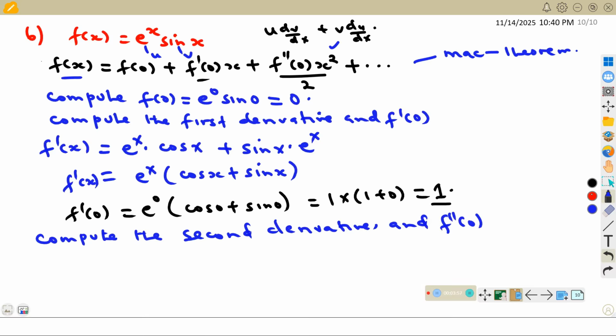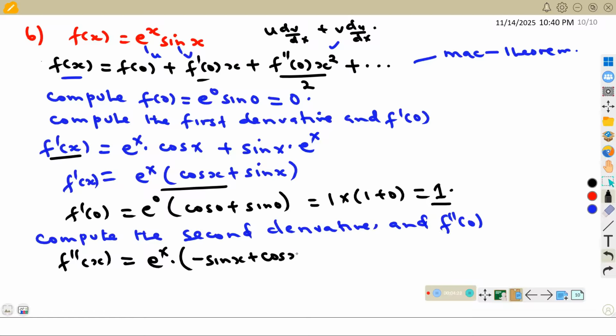So next we shall have f double derivative of x, and this is obtained by differentiating f derivative of x. So we shall differentiate this. We shall call this u, e to power x is u, then we shall differentiate v. V is this, cos x plus sin x, which will give us negative sin x plus cos of x.